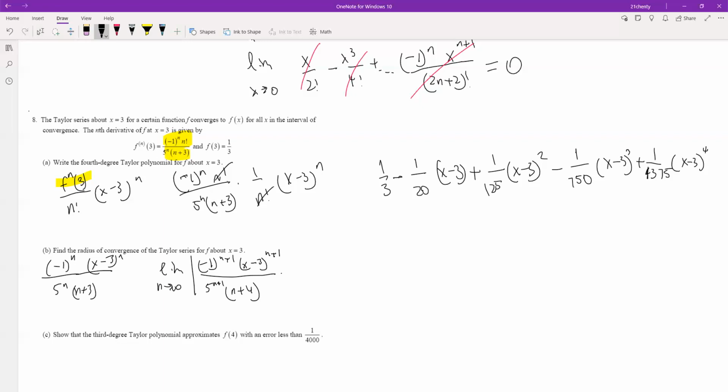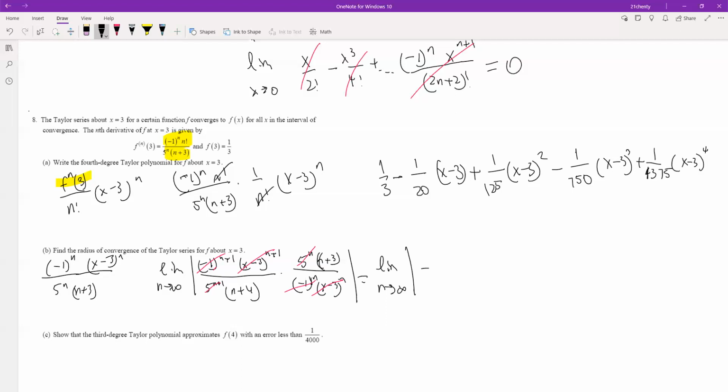So 5 to the n times n plus 3 over negative 1 to the n times (x minus 3) to the n. And now we will simplify. It's negative again, but we're taking the absolute value, so really that's not necessary.